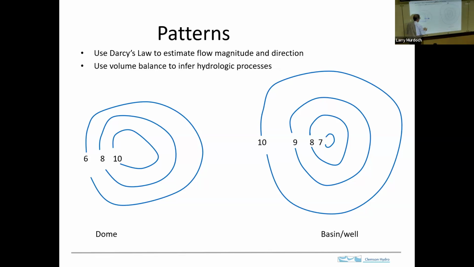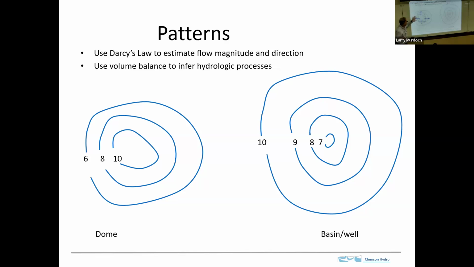So we can draw a flow vector perpendicular to those contours that's going from high to low. So we've got flow going out, and flow going out here, and out here, and out here. Okay, now remember, this is map view, and so these vectors are horizontal flows. So if this is the control volume, and we have flows going out of all sides, then the flow going in equals the flow going out plus the change of storage.